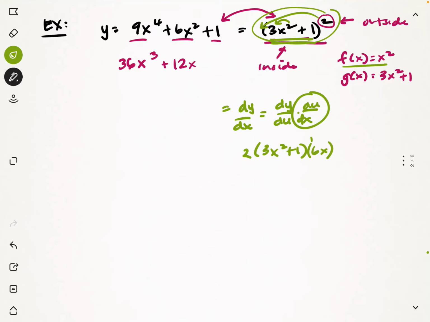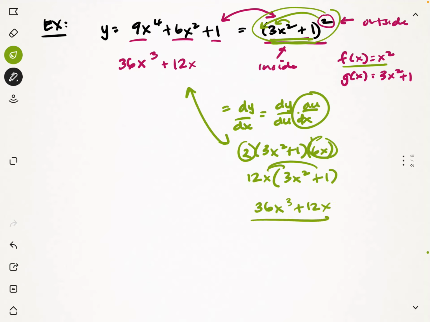Okay, so let's see if these two things come out the same. If we multiply them out, it's probably easier if we combine the 2 and the 6x first. So that's 12x. So when we distribute now, we get 12 times 3 is 36, x to the third, and then 12x times 1 is 12x. So notice that each side is the same.